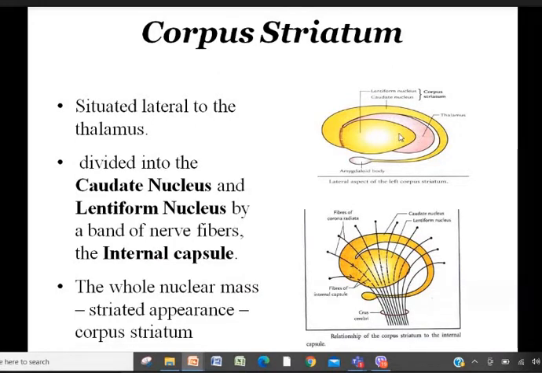Look, this internal capsule is going like this, and the band of nerve fibers of the internal capsule divides this into caudate nucleus and lentiform nucleus. The whole of this looks striated, so this is known as the corpus striatum.